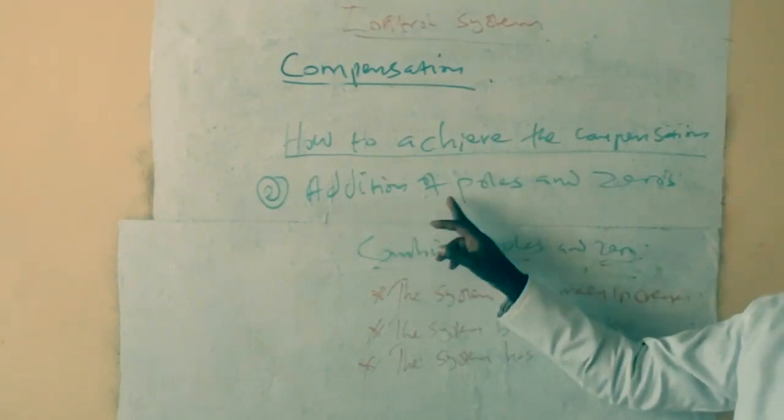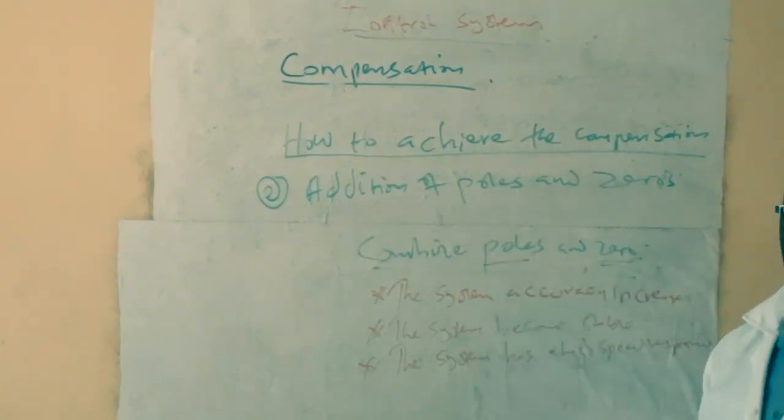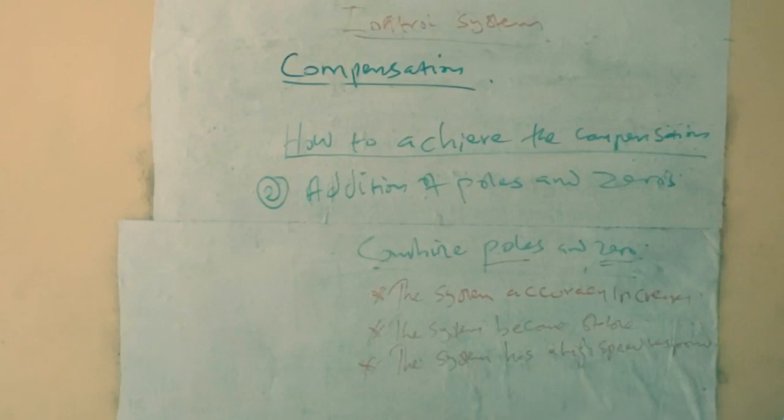When we add balls and zeros, we get a perfect system: a system that operates accurately, has high stability, and has a high speed of response. So that is all about that.